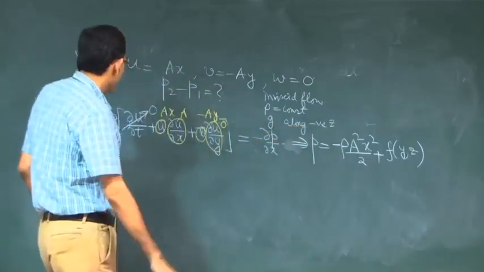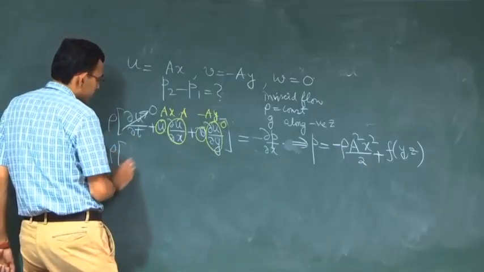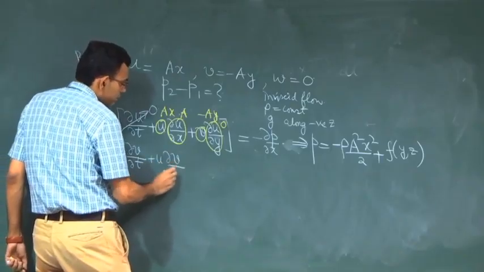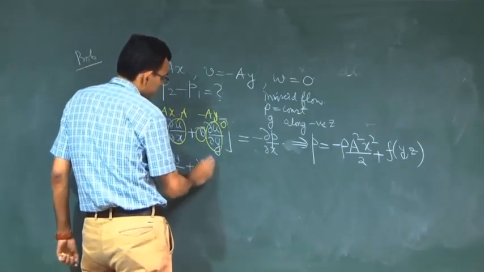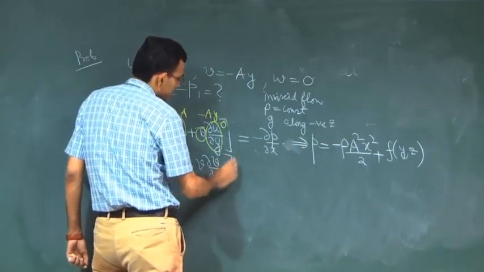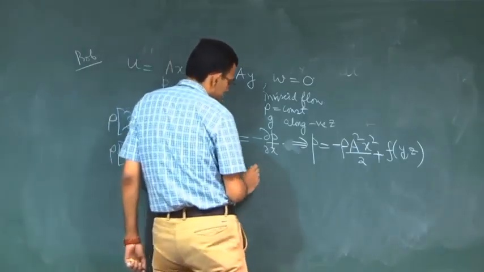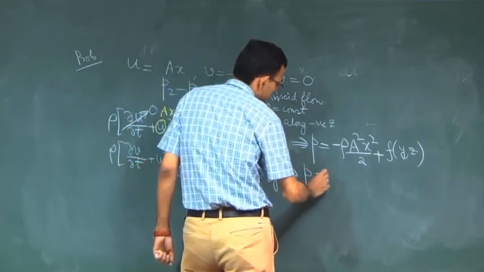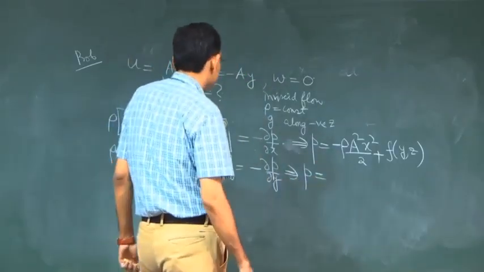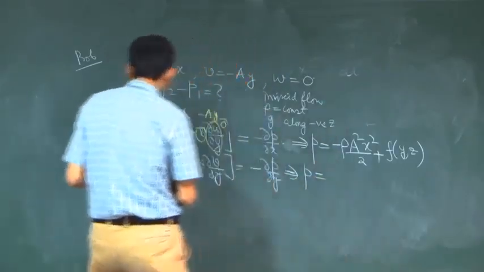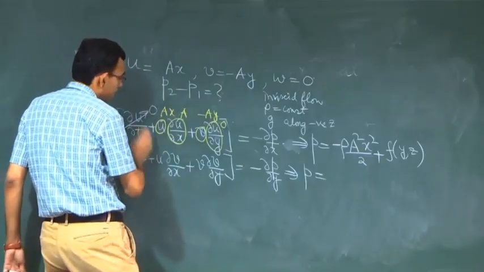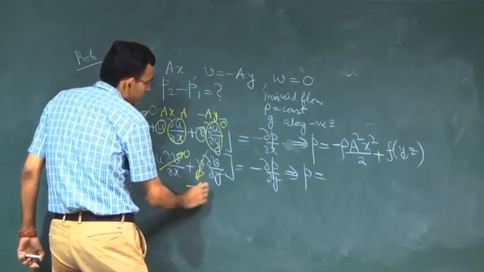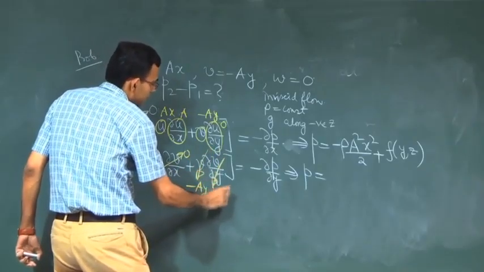Similarly, here this part is 0, so V is minus Ay and this is minus A.